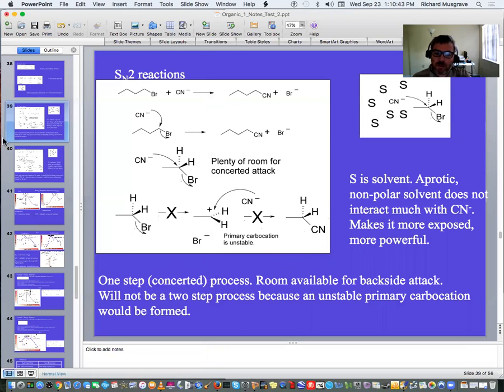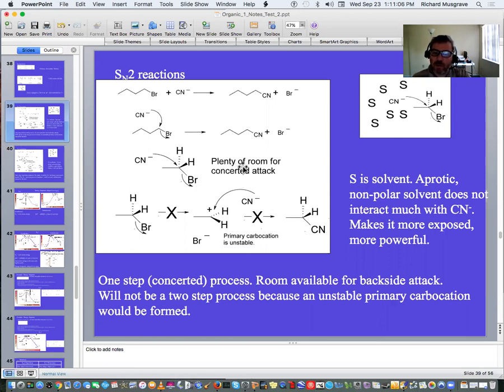So with regard to the SN2, the reason it happens is because there's enough room around this atom, because it's got the hydrogens here, for the CN- to come in and the Br to leave at the same time. So plenty of room for concerted. Concerted means at the same time, or simultaneous attack. Think of a concert.